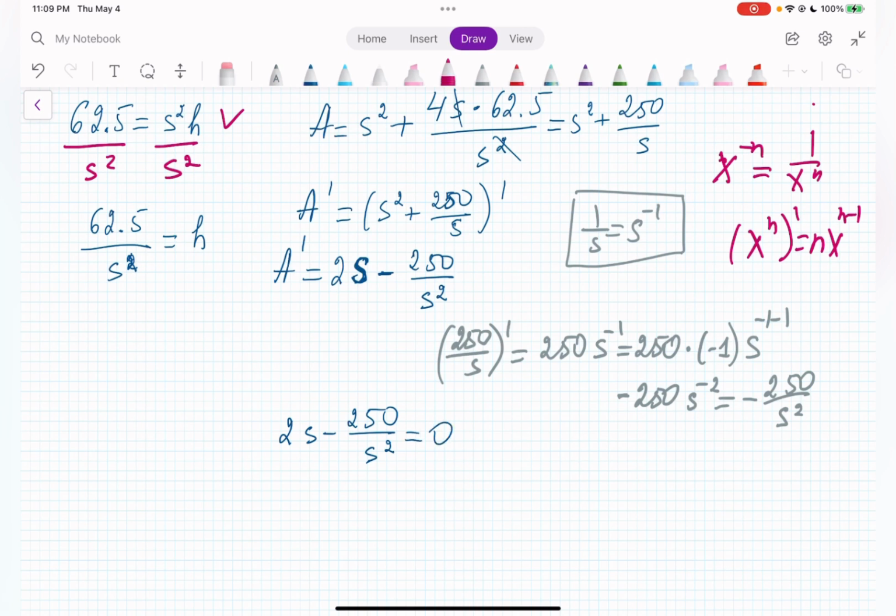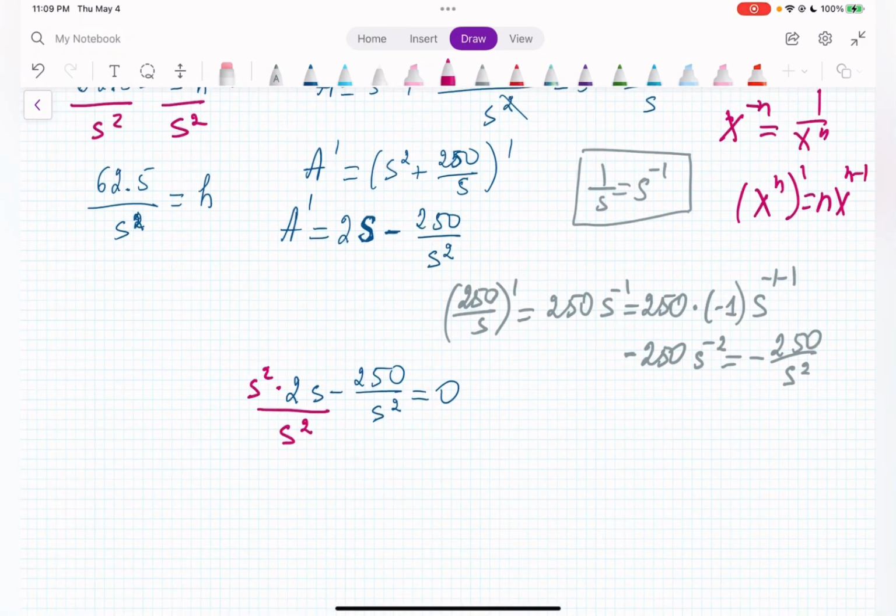How am I going to solve? By bringing to a common denominator, s squared. Since I have s squared, I am throwing out the denominator, and I will have 2s cubed minus 250 equal 0.